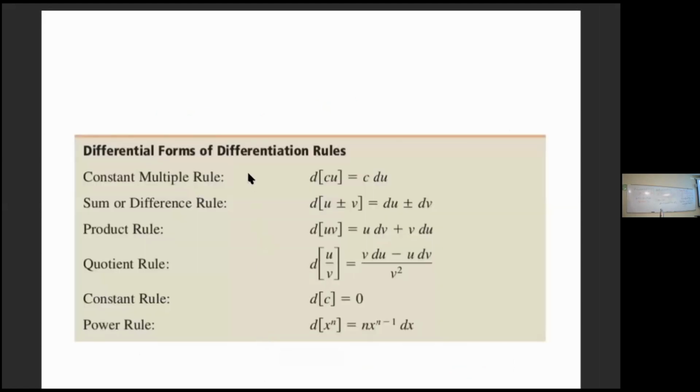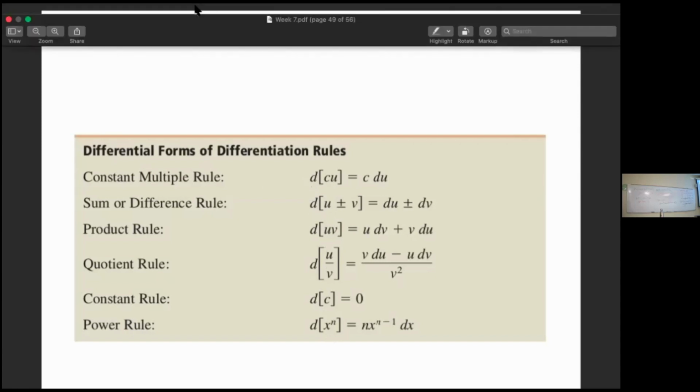Having said that, the point here is that with differentials, you're going to have to apply all of your same derivative rules. So this is page 49 of week 7 notes, just for reference, so y'all can come back to it later if you want.